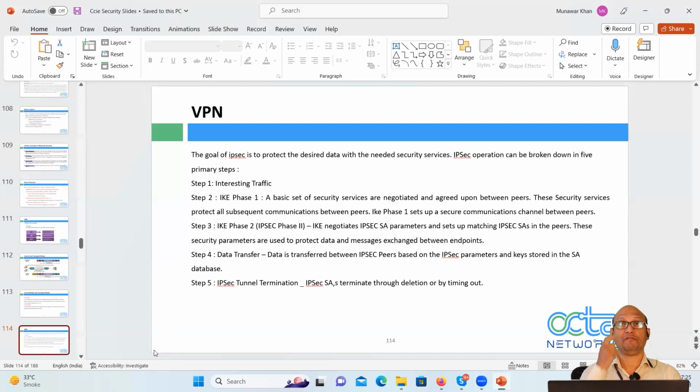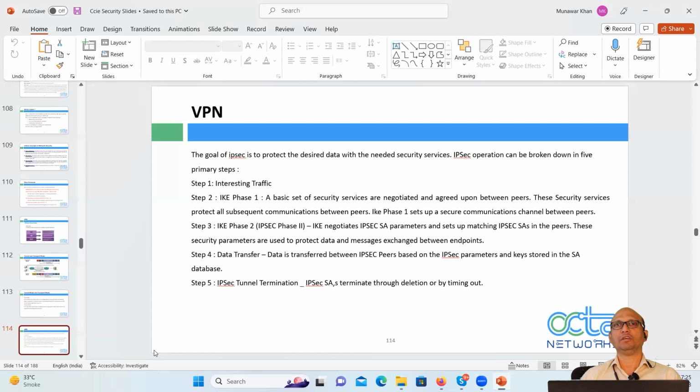One is interesting traffic. I told you interesting traffic is something I define with the help of an ACL, an access list. I specify the source, I specify the destination, I specify the networks which are going to go inside the tunnel. Because it is not necessary that all the traffic should go inside the tunnel.